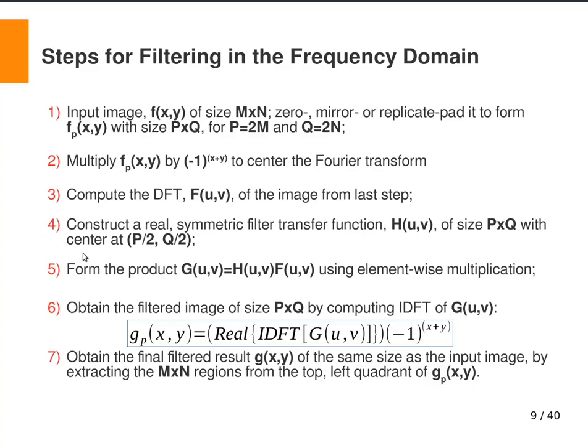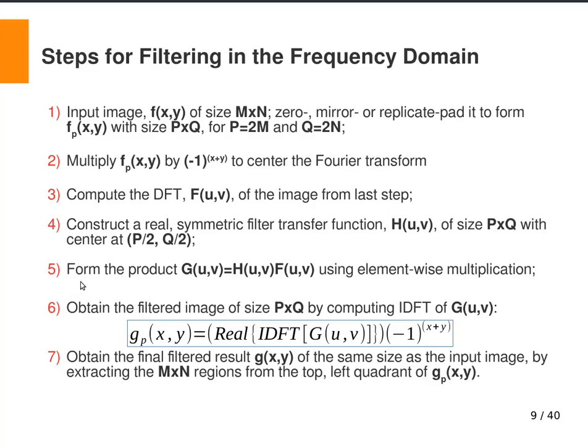Now, in the frequency domain, we construct a real symmetric filter transfer function H of u,v of size p by q. So basically the size p by q is the same size as F of u,v. And this filter should be centered at location p over 2 and q over 2.